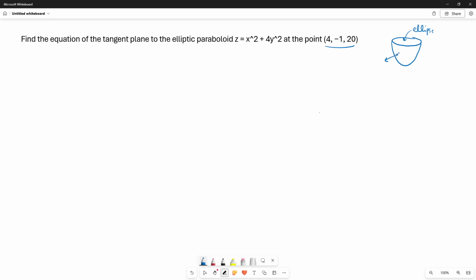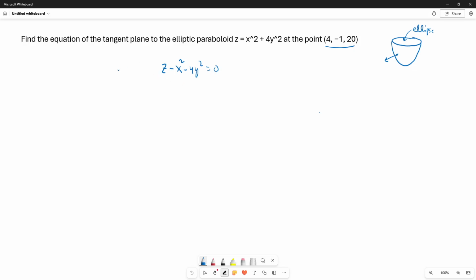Now the way the theory goes is that we think of this surface as being a level surface of a function of three variables. If we put the z on the other side, or equivalently the x squared plus 4y squared on the other side, we can think of this as z minus x squared minus 4y squared equals 0.